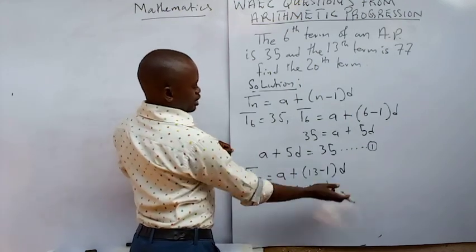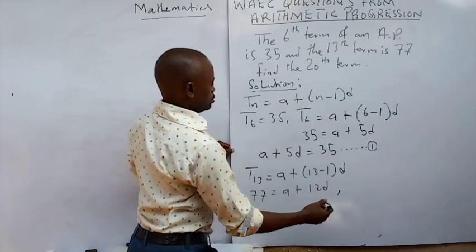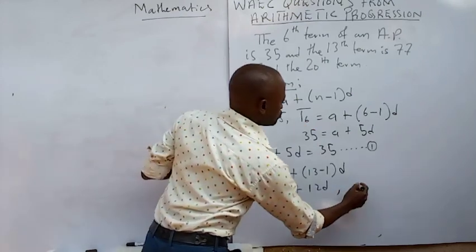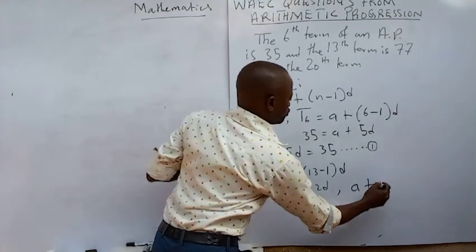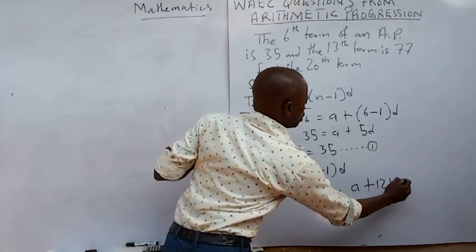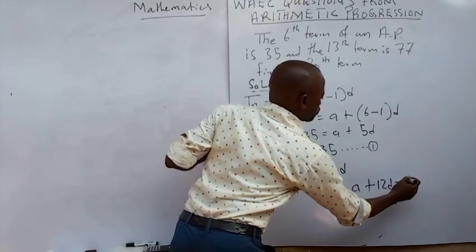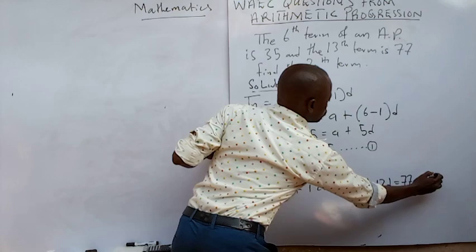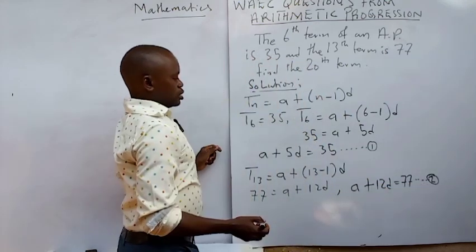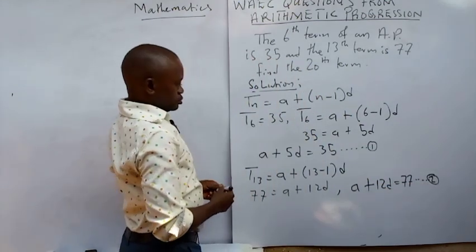And I can revise this as the first term A plus 12D equals 77. I'll call that equation 2. I'm sure you saw that.